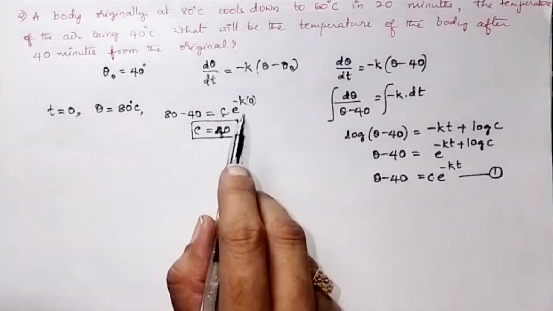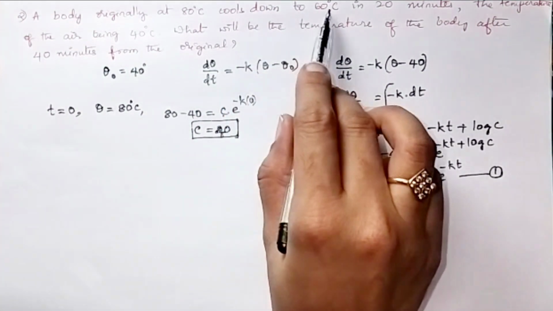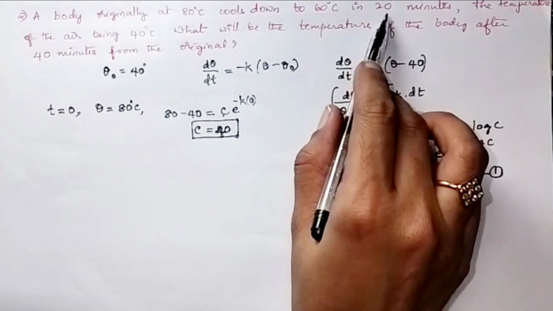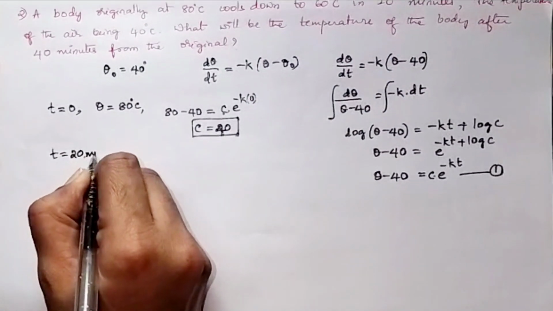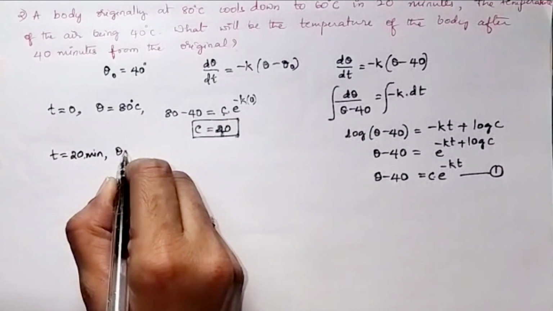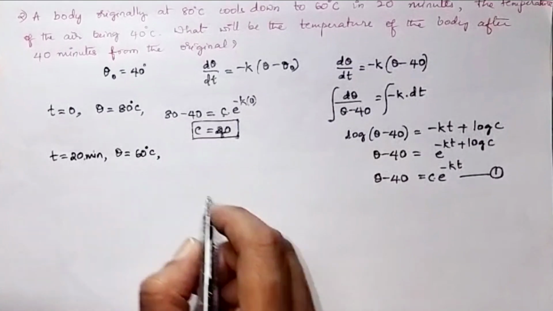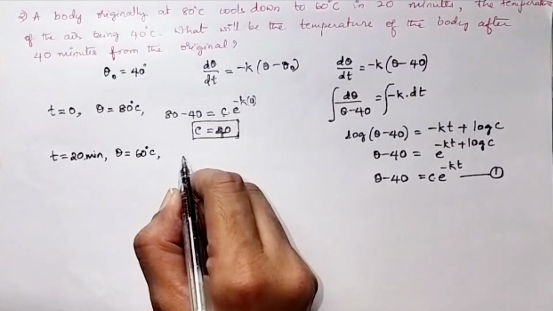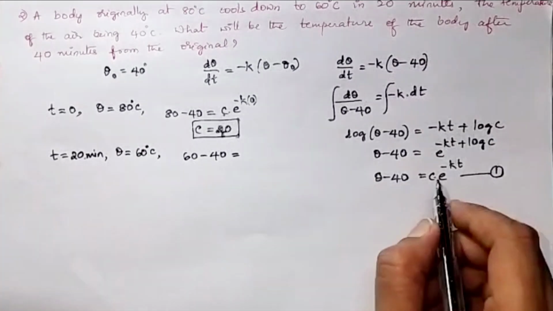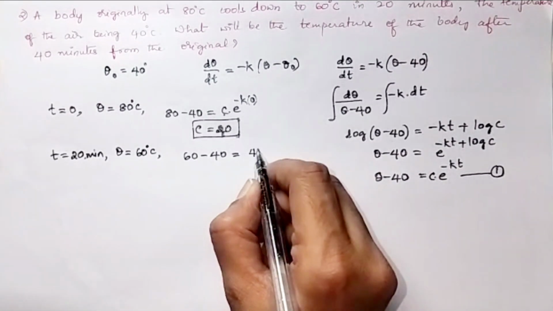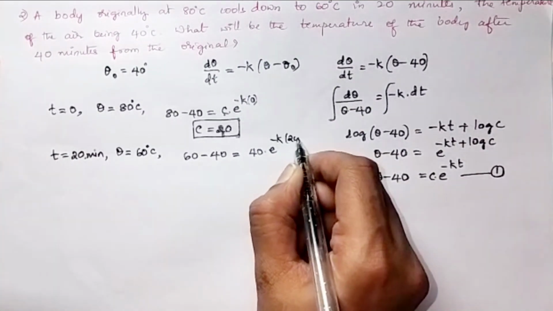After getting c, go to the next condition given here. It cools down to 60 degrees Celsius in 20 minutes. So when t is equal to 20 minutes, the value of θ is equal to 60 degree Celsius. So substitute that here in equation 1. Now θ is 60 minus 40, which is equal to c, that is 40, into e to the power minus k into t, which is 20.